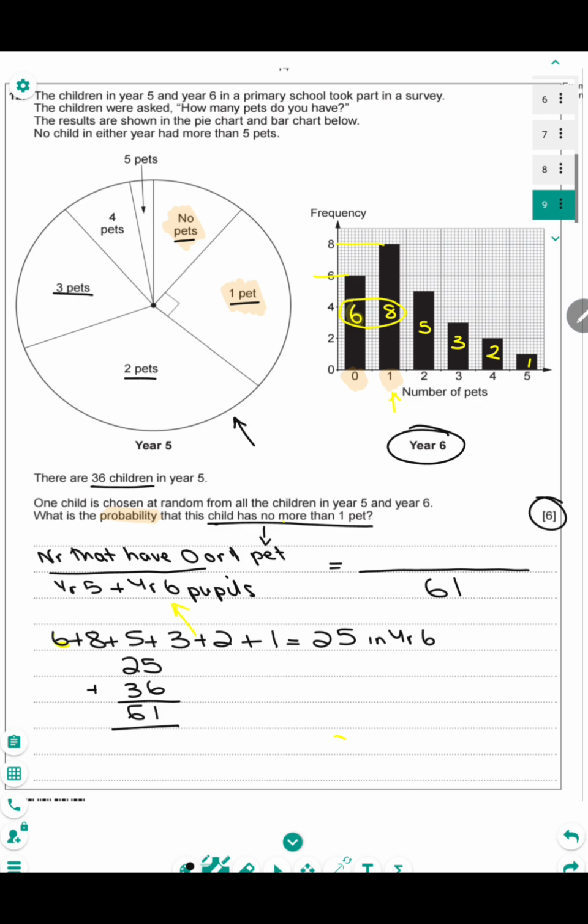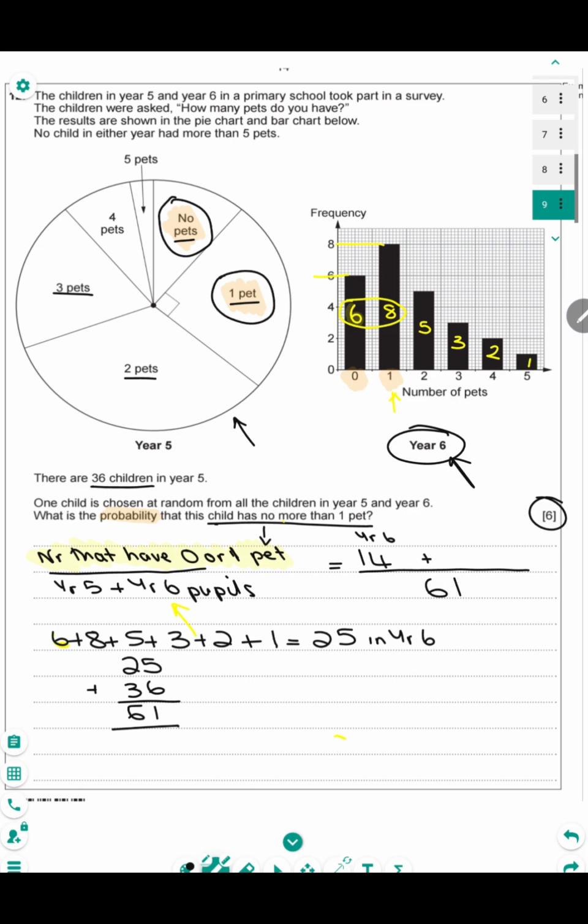Right, well, how many then have got 0 or 1 pet? Well, we know in year 6, there are 6 plus 8, so there are 14 in year 6 that have got either no pets or 1 pet. What we need to do now is work out how many children in year 5 have got either 1 pet or no pets.